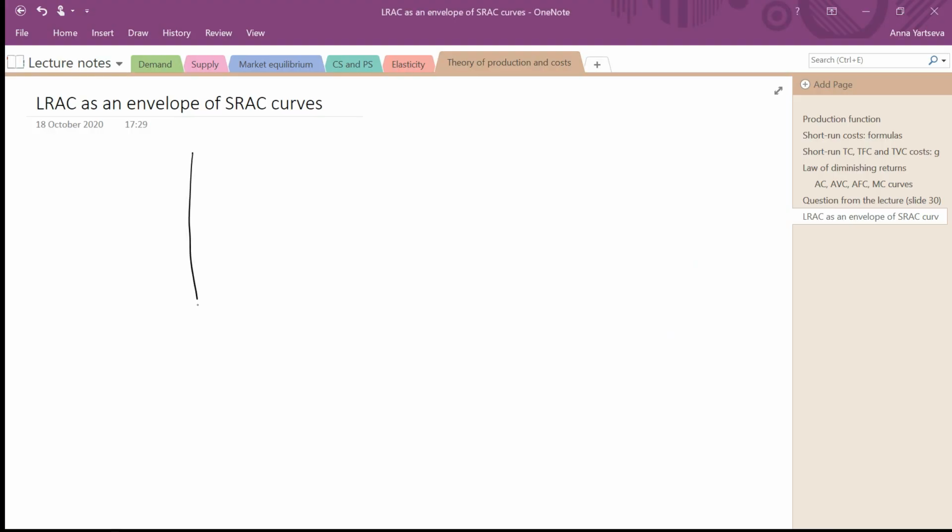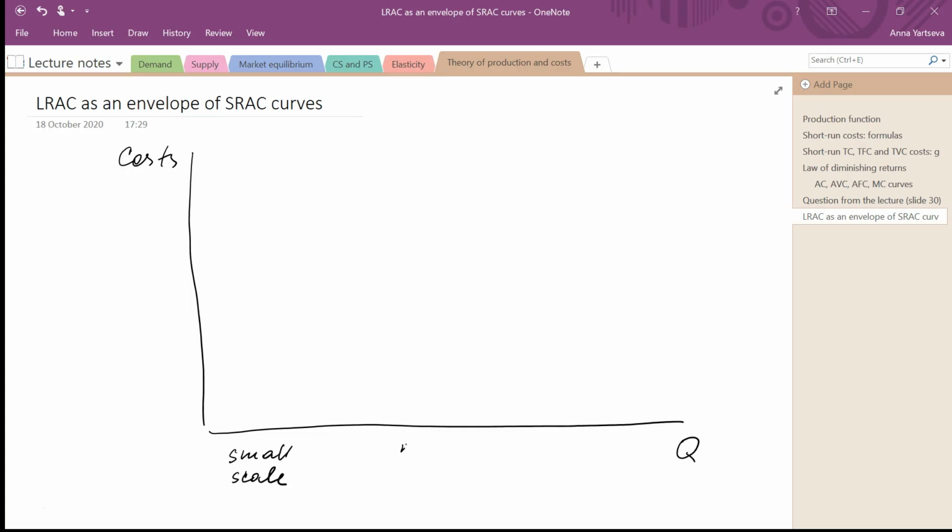This is our cost structure. Let's draw a graph. So this is our quantity and these are our costs shown along the vertical axis. We can choose to produce on a small scale, on a medium scale, producing more output, or on a large scale. We can produce, for example, 10 units of output, 10,000 units of output, or for example, 1 million units of output.